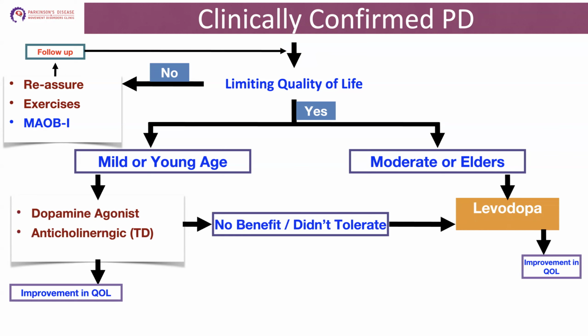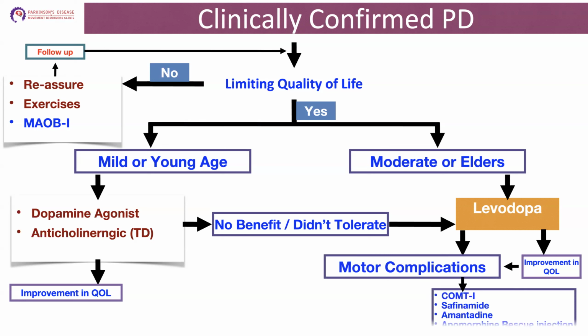It remains the primary medication for management, which should improve quality of life for every person with Parkinson disease. However, after some time, these patients may start developing motor complications, or a very small subset may not tolerate it. In that case, we manage these motor complications with the addition of other drugs such as COMT inhibitors, safinamide, amantadine, and apomorphine rescue injections to make the motor fluctuations better and improve quality of life.